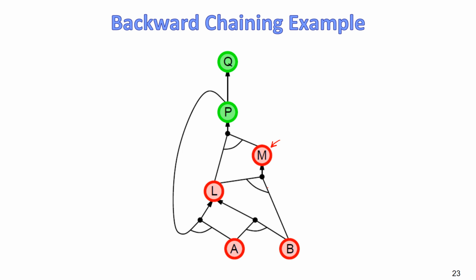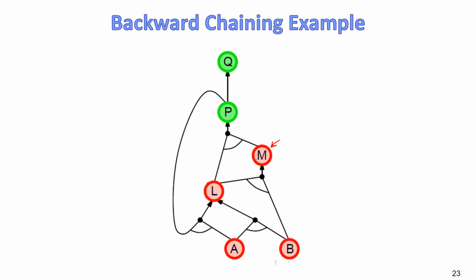So what happens in backward chaining is that we go down from the goal with sub goals, and then once we know facts, we go up again and activate the conclusions. So now we know that B and L are satisfied, then M is satisfied.